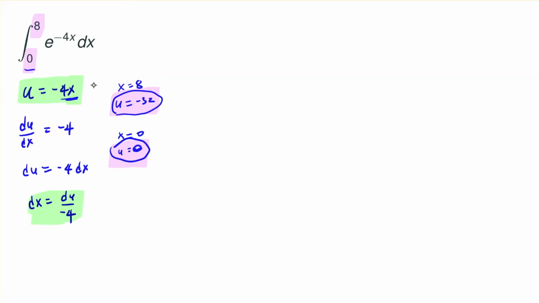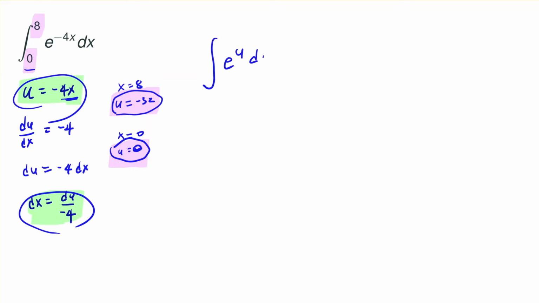Once I substitute this to right here, I get e to the u, and dx is the same as du over negative 4. And now the upper bound is negative 32 because we have it in terms of u, and the lower bound is 0.